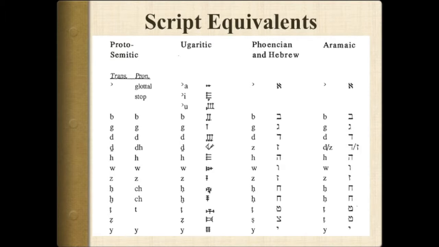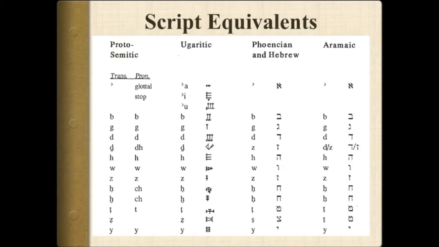So there are differences between how words are spelled in Hebrew and Aramaic. This is because this group of 30 consonants are probably still spoken in both Hebrew and Aramaic.